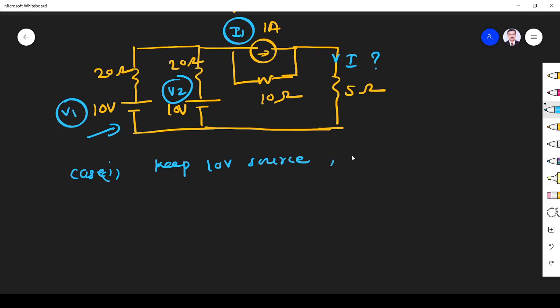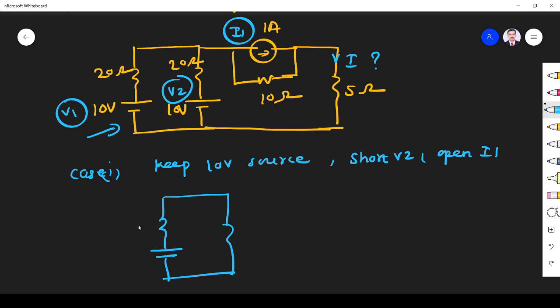So short V2 and open I1, because a current source must be opened when we remove it, and a voltage source must be shorted. So what will happen if I do this? The circuit becomes like this.